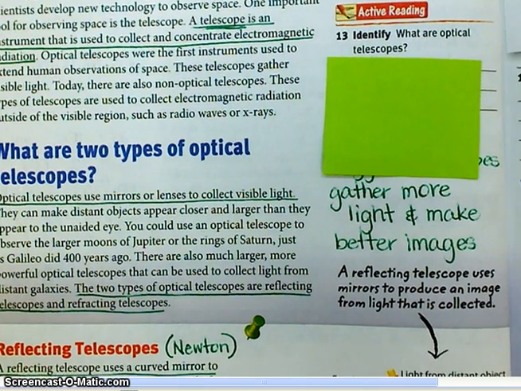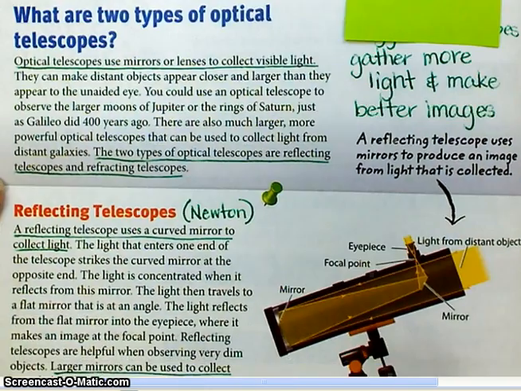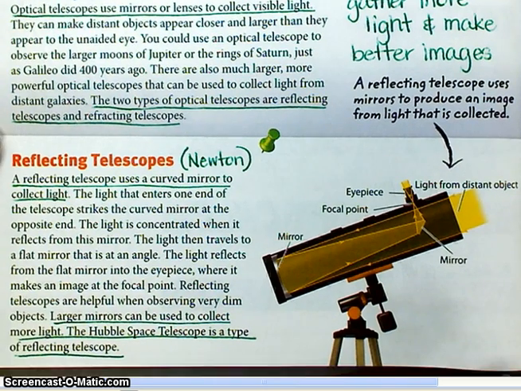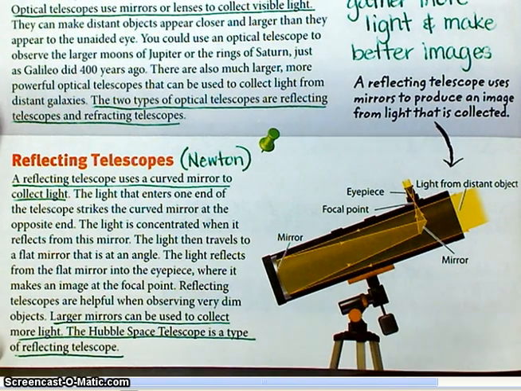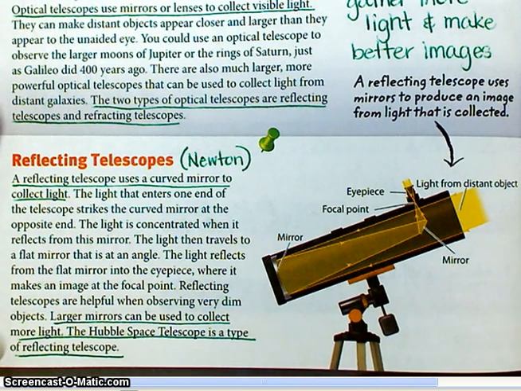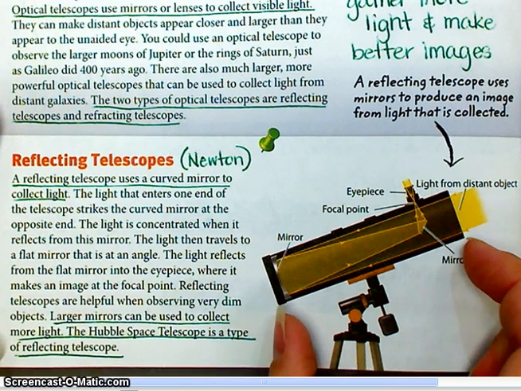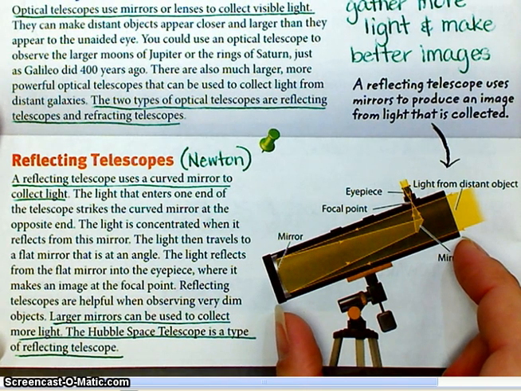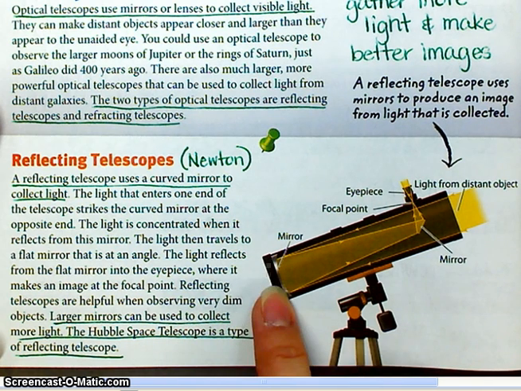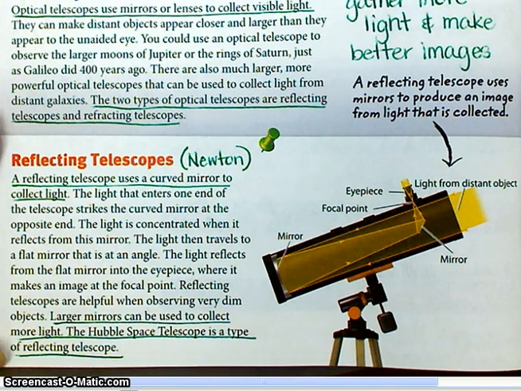All right, so down here we have a depiction of your basic type of reflecting telescope. They're basically set up this way. You have a long tube that's empty, and you have a mirror placed at one end of the tube. Now the mirror is a curved surface, kind of like the bottom of a bowl.